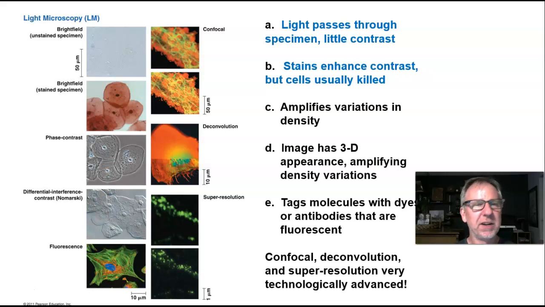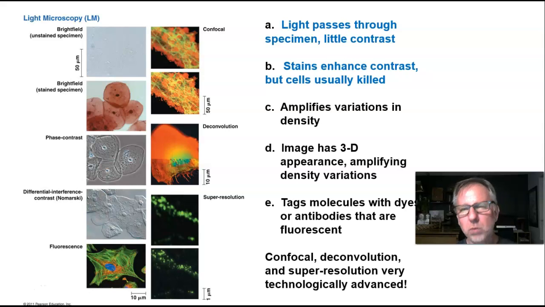So if you look at the figure there, bright field microscope, stained specimen. A simple little colored stain was added to the very same cells that you see on the top of the figure. But now you can see a nucleus pop out in the middle of the cells, that little dark circle. And you can see the edges of the cells and the inside where the cytoplasm would be. So now we have contrast, and now we can see detail.